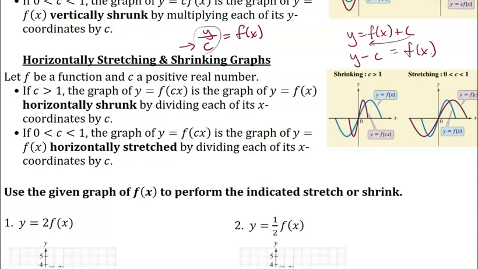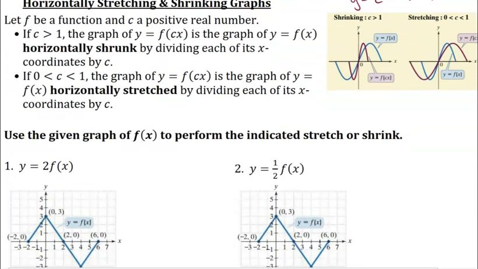And then if c is less than 1, now it does say greater than 0 because we're talking about positives here. We already know that the negatives do a reflection. But if we have a number that's less than 1, then that means we have a horizontal stretch. To compare to trig, think about how we change the period on a sine or a cosine function by doing 2 pi divided by the b quantity, which is the coefficient of x.